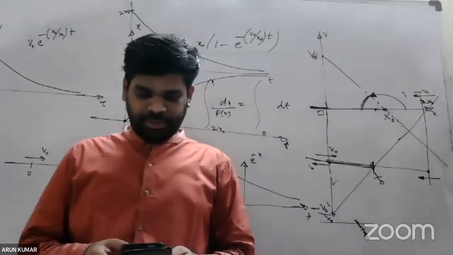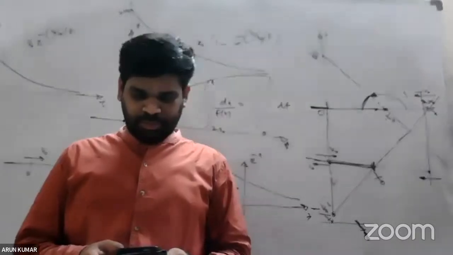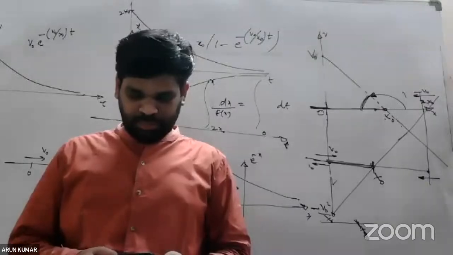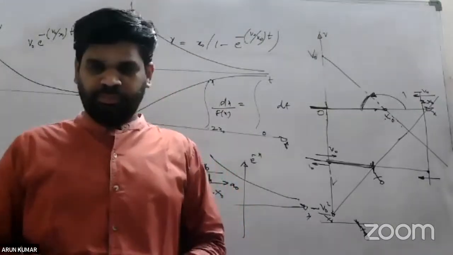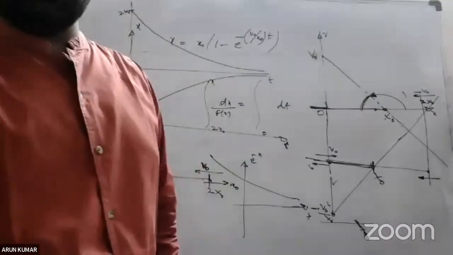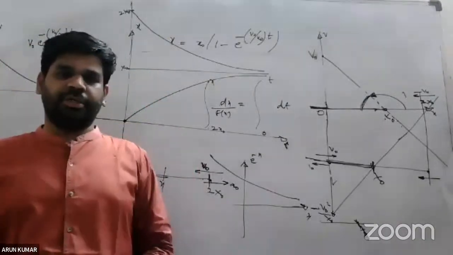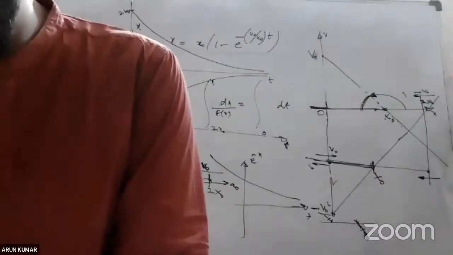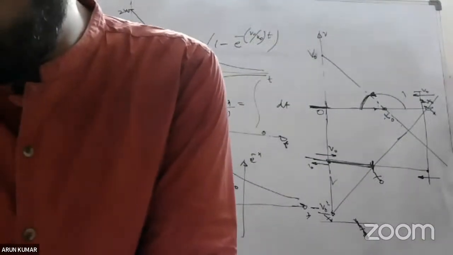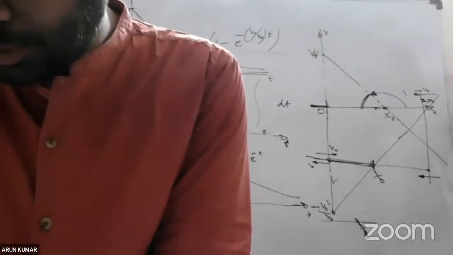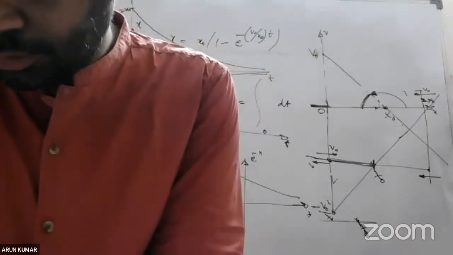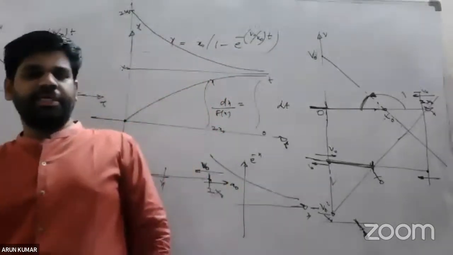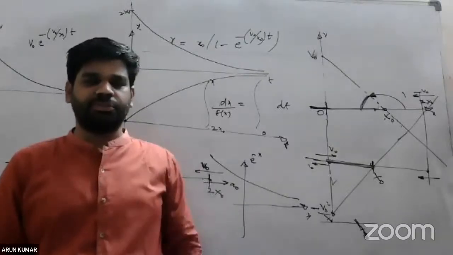Yeah, I'll send it again. It's an interesting problem where the particle's distance variation is given, but distance measured from some fixed point. But the particle is thrown vertically upwards. For a particle thrown vertically upwards, we know the graph is supposed to be a parabola.